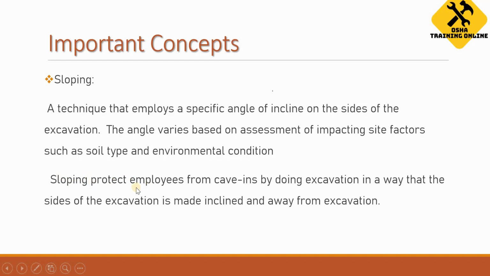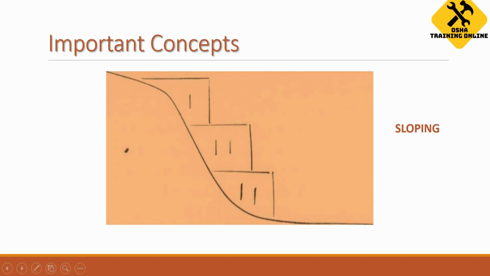Why is it made? Sloping is made in order to protect employees from cave-ins. In that case, we also do not want the edges of the excavation to break down and fall on the worker. So by doing the excavation in a way that the sides are made inclined and away from the excavation, it will not fall down on the worker. Let us see in the picture.